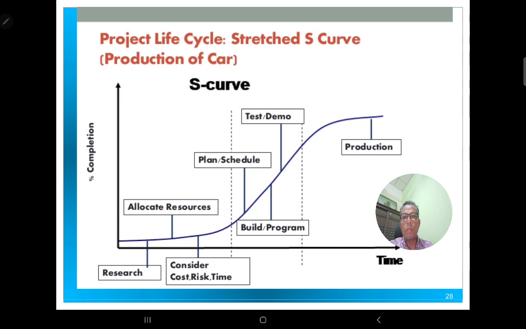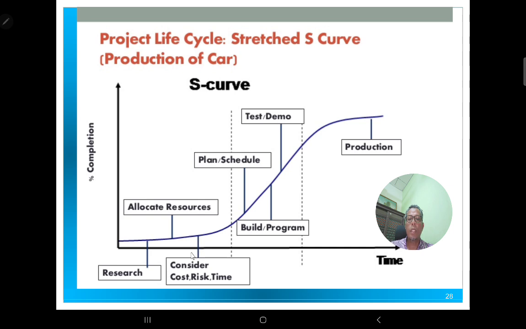This is an example S curve for the production of a car, where you start with the research phase to determine the goals and the scope of the new car. All right, and here at the planning stage, you will identify or allocate the resources required for the implementation of this project.